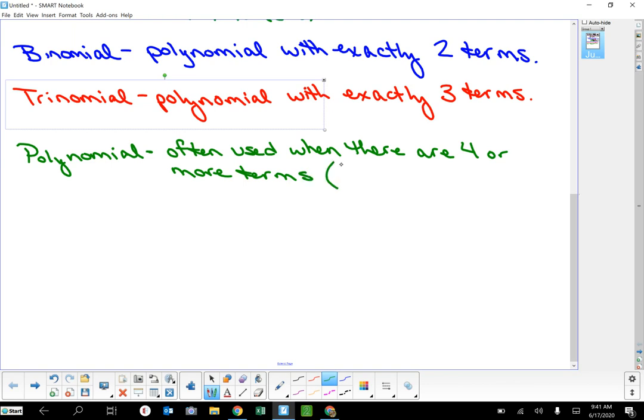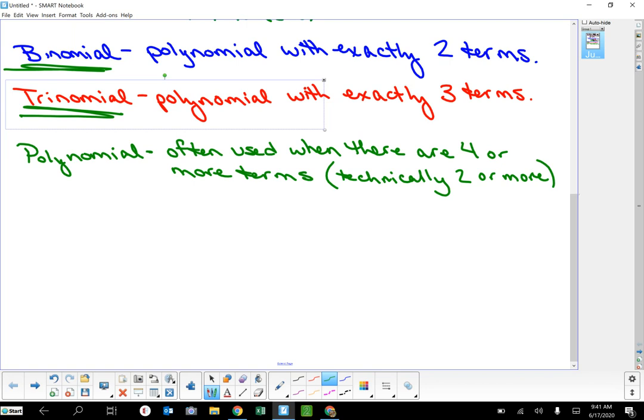Technically it can be used when there are two or more. We just try to use binomial and trinomial to separate them out specifically from anything larger.